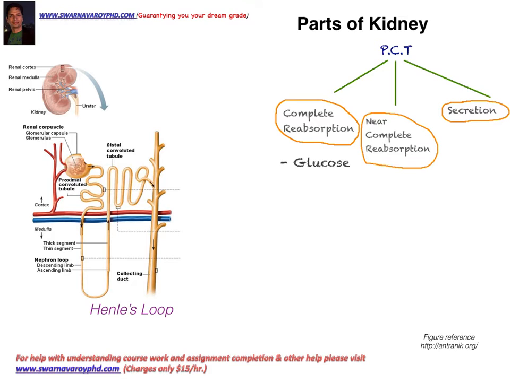Now, under the complete reabsorption column, we have glucose. Glucose is a very important metabolite, and it's required for energy production. So whatever glucose is given out by the initial glomerular filtrate, 100% of that is reabsorbed at the PCT. And then we have amino acids. Amino acids are very important for the body.